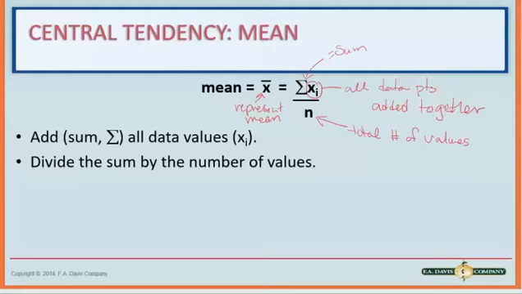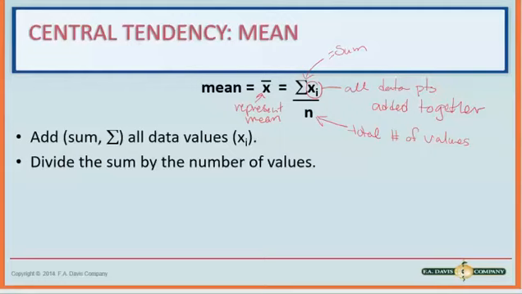Again, this looks more complicated than it actually is. The sum would be adding up all your data points. You have a set of data points, and you're adding it all up together, and then dividing it by the total number of your values. So if you have 5 total data points, then you would be dividing the sum of those data points by 5.